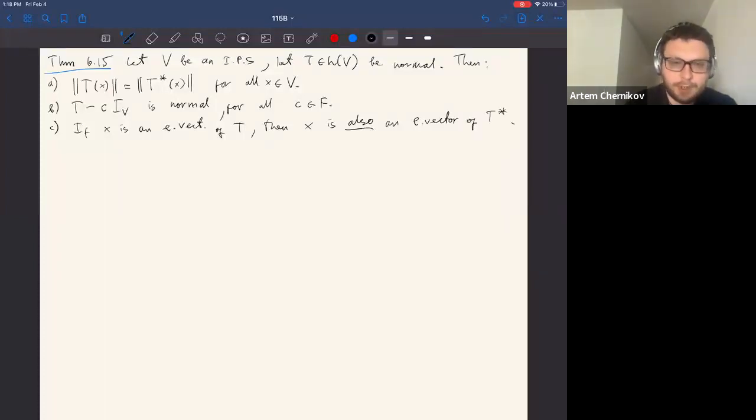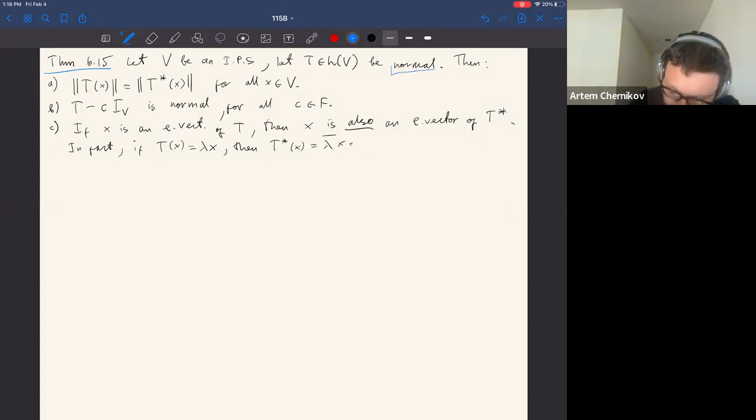And in fact, if T of x equals lambda x, then T star of x is equal to the complex conjugate of lambda times x. Note here that our assumption is that T is a normal operator. So this wouldn't be true in general for a general linear operator, but for normal it is true.